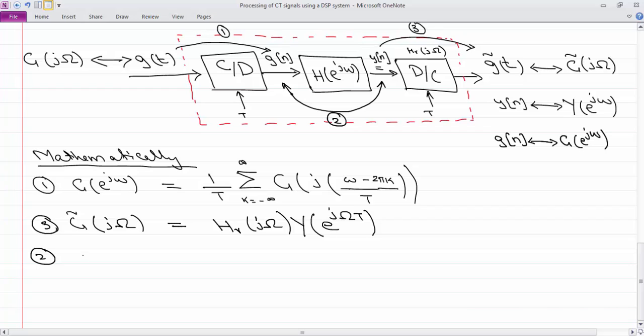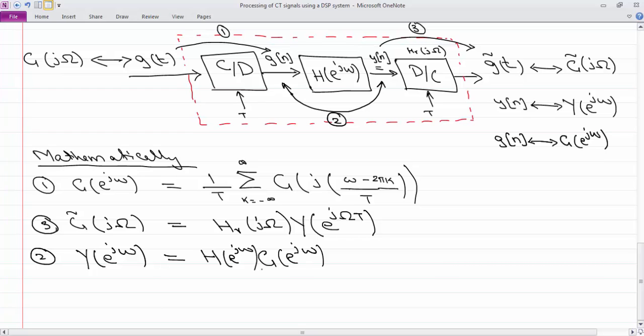So the output of block 2, Y of e to the j omega, is equal to your output frequencies being a multiple of your input frequencies, G of e to the j omega, times your frequency response, which is H of e to the j omega.